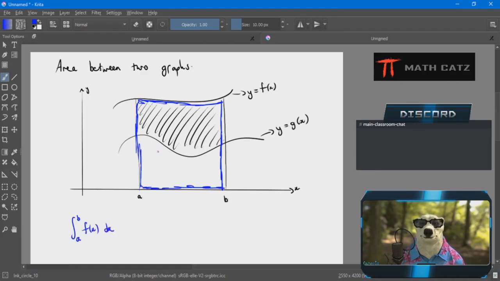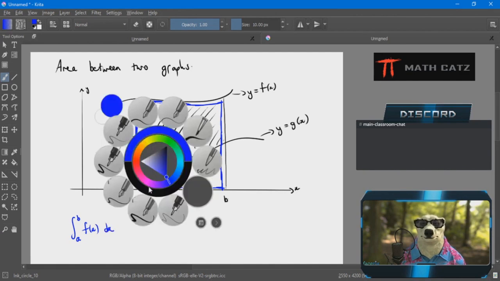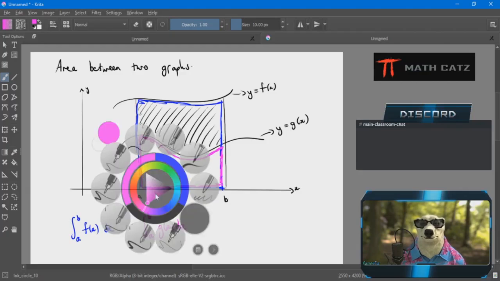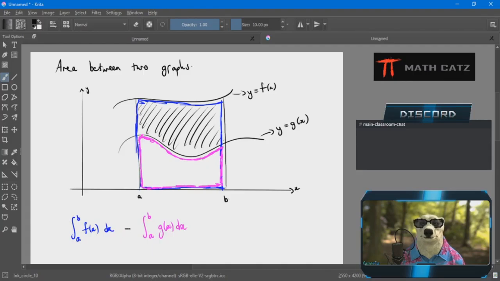And then I can look at the area under g. Let's make that pink. It's going to be over here. That's a to b with my g function as the function. And I simply need to take that away from the blue area.